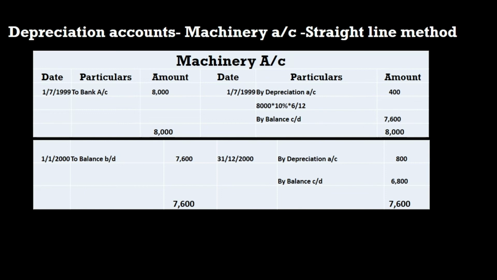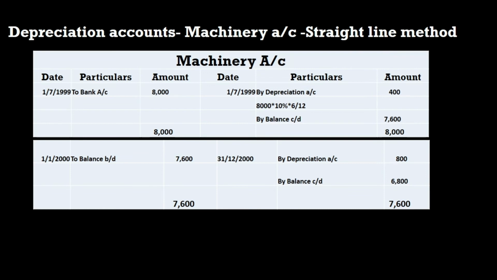We have to take the original cost of the machinery when we purchased it, and use the same thing here. So 7,600 minus 800, the balance is 6,800.